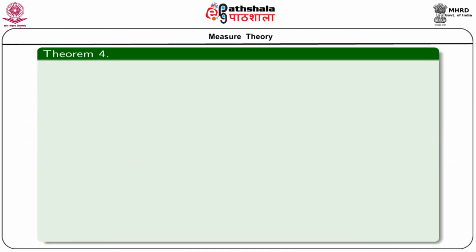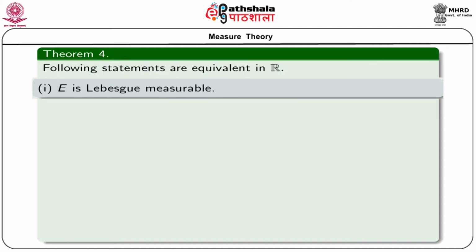So, we come to the main result of this module. The following statements are equivalent in the set of real numbers. First, the set E is Lebesgue measurable.